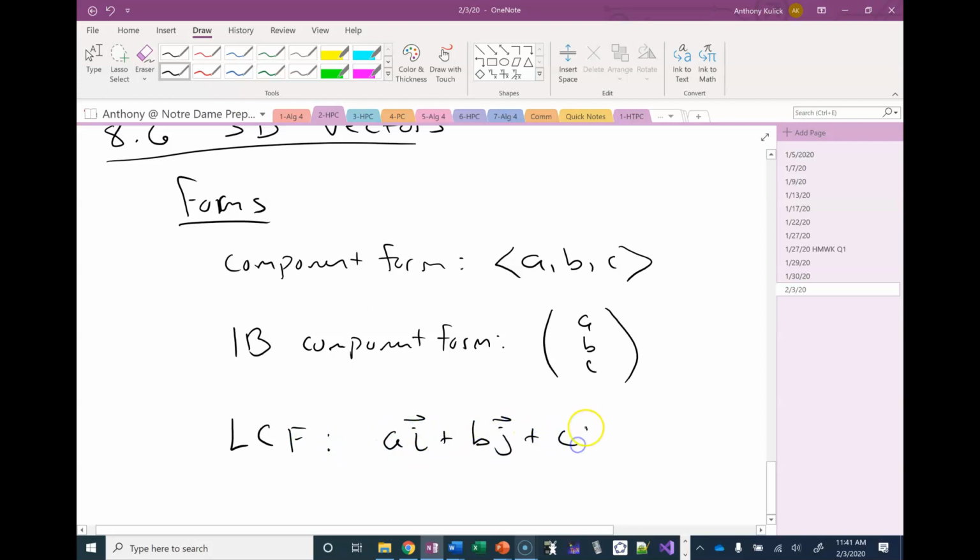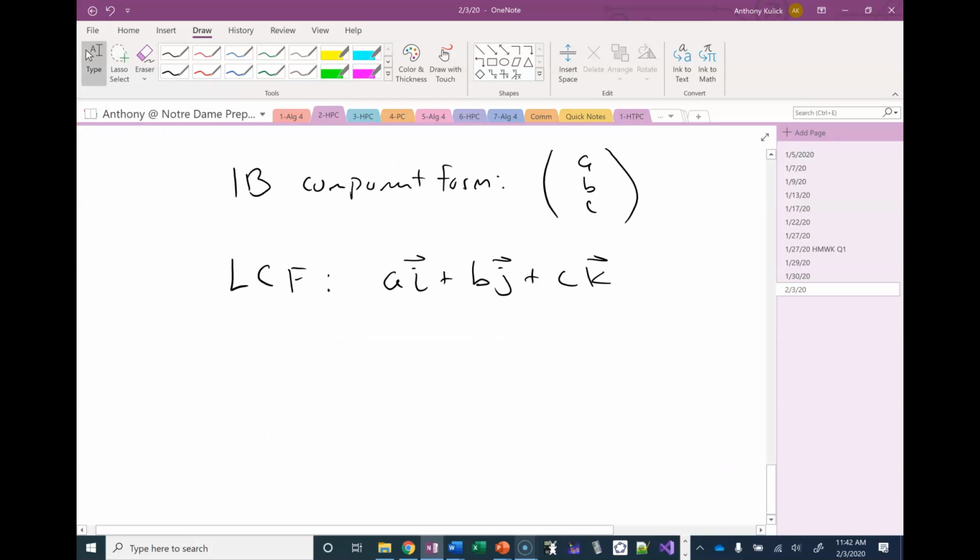And our new unit vector for the z-axis is k, so we have i, j, and then k, just in alphabetical order. Everybody's okay with that?